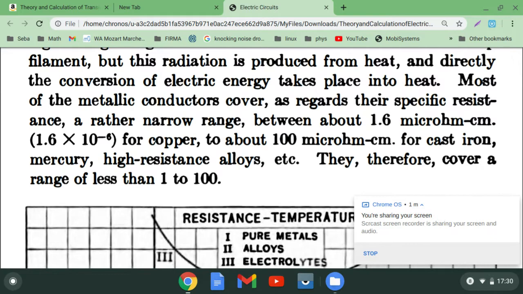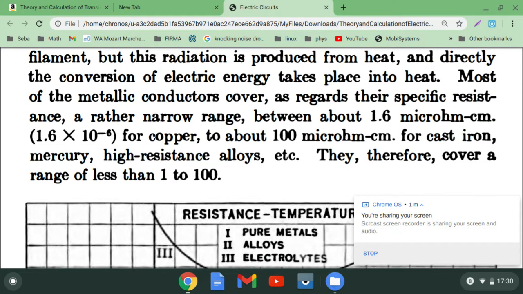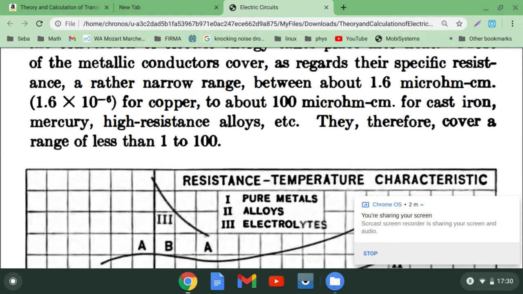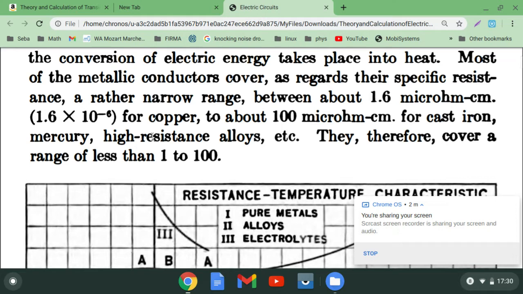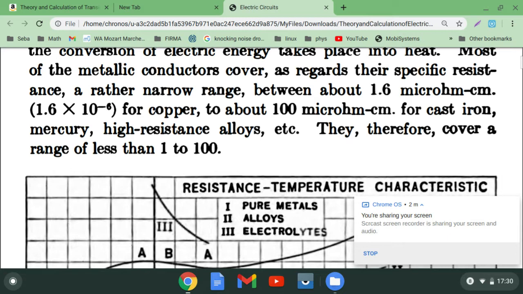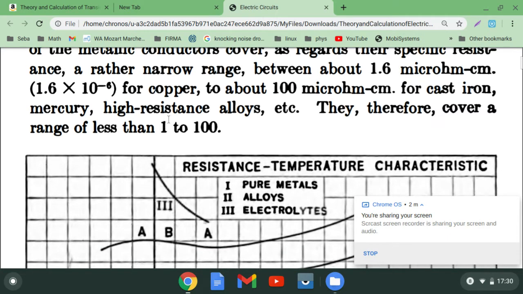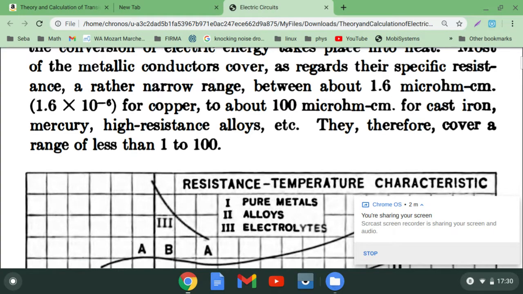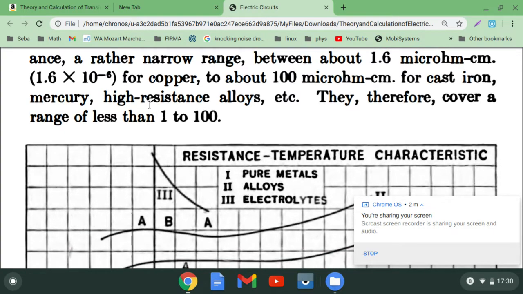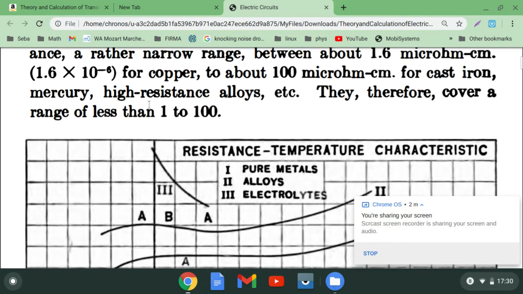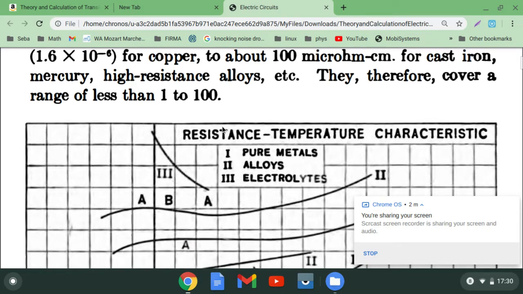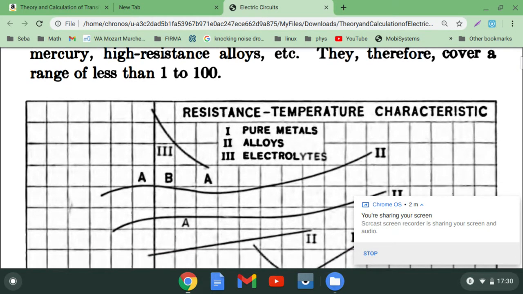Most of the metallic conductors cover, as regards the specific resistance, a rather narrow range between about 1.6 microohm per centimeter, with 1.6 times 10 to the minus 6 for copper, to about 100 microohm per centimeter for cast iron, mercury, high resistance irons, etc. They therefore cover a range of less than 1 to 100.